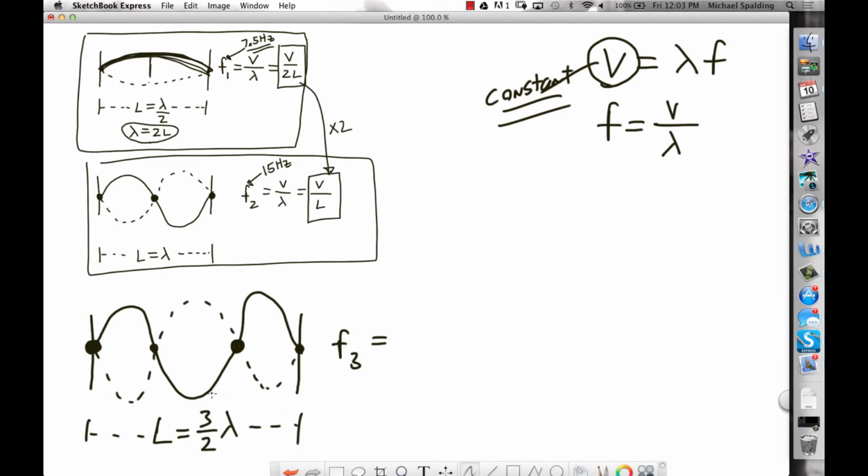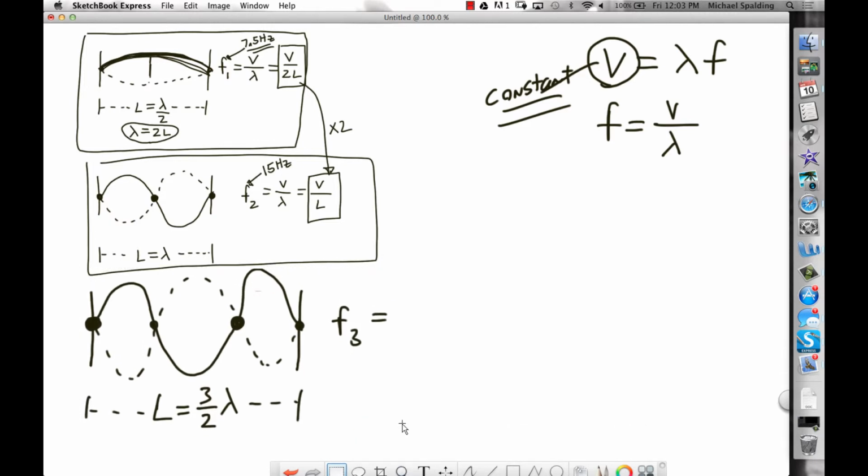So the length of the string is 1.5 wavelengths. So what's lambda going to be equal to? Wavelength equals 2/3 L. You guys with me?